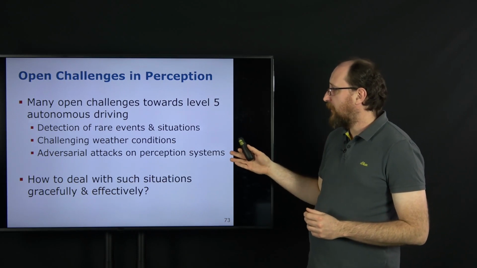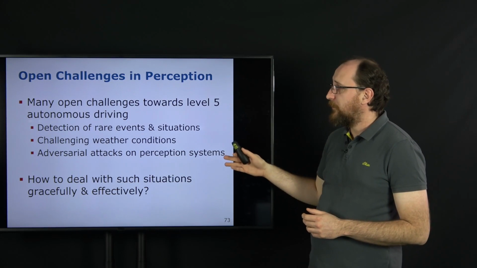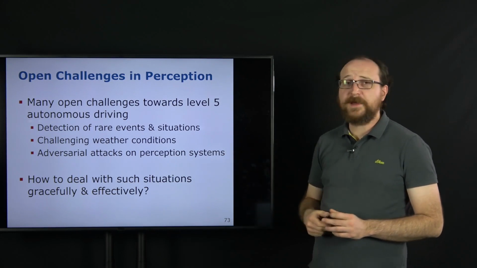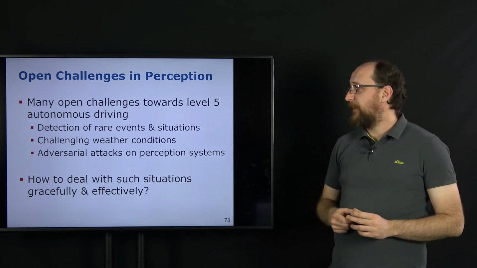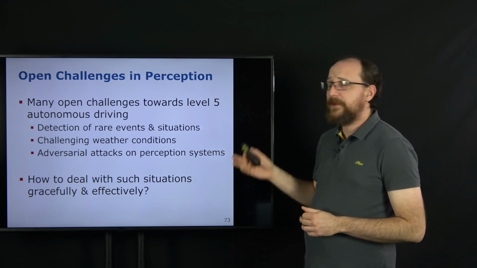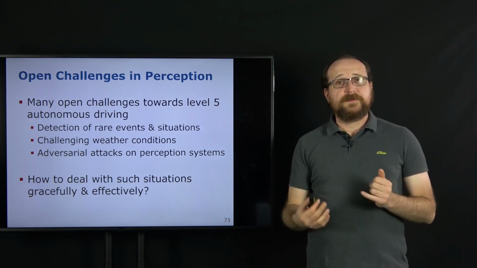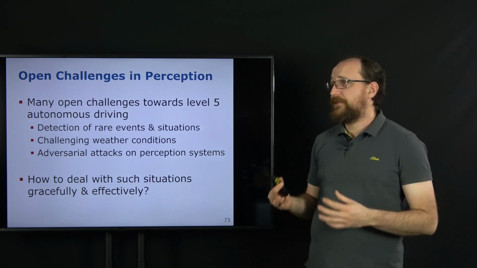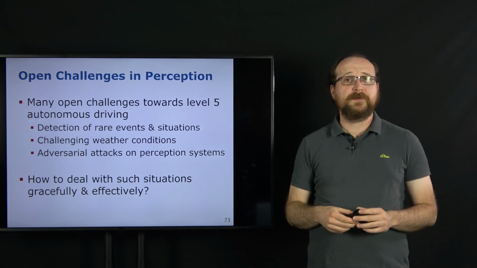And of course, what we also have to consider is that maybe people want to run adversarial attacks, something like pointing a laser pointer at some cameras or something like this, on the perception systems. And the perception system in this case maybe has to register, okay, there's something happening and maybe I have to trust the information from some other sensor more than the information from the vision sensor.